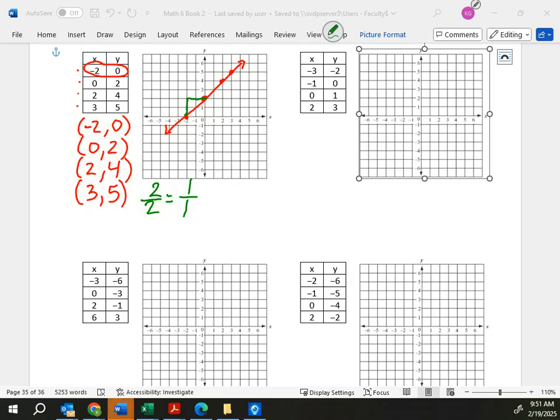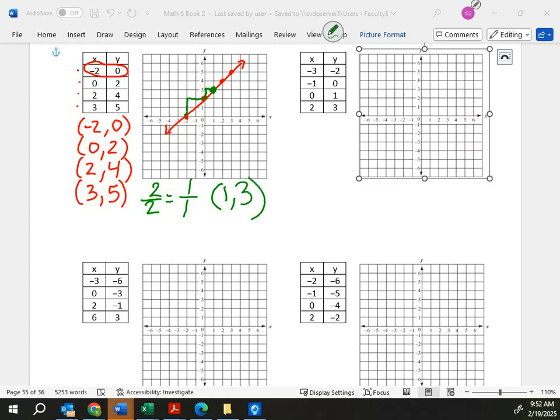So I can come right here and go up 1 over 1, and I know that that ordered pair is on the line. Whether or not it looks like it, with how we drew it, because sometimes we get a little sloppy when we connect our dots and draw that line. So I need to write this ordered pair down here. So that would be 1, 3.